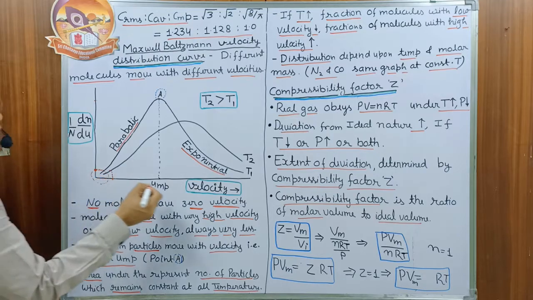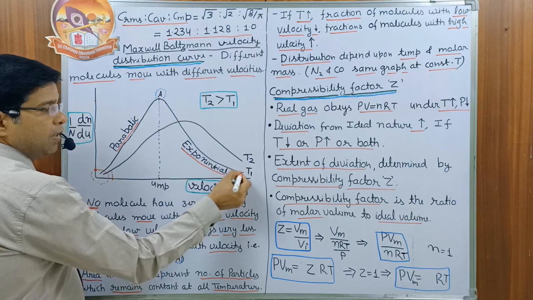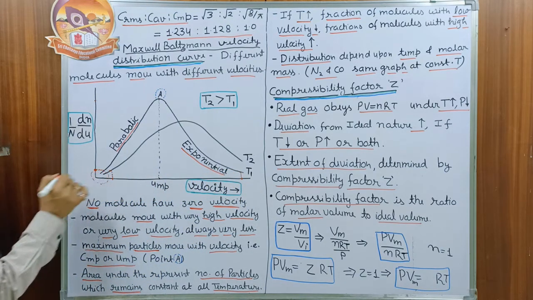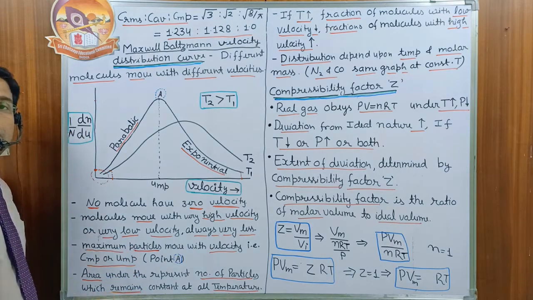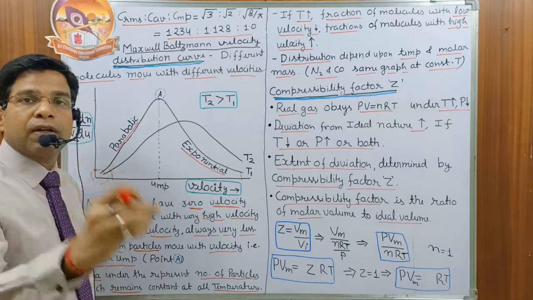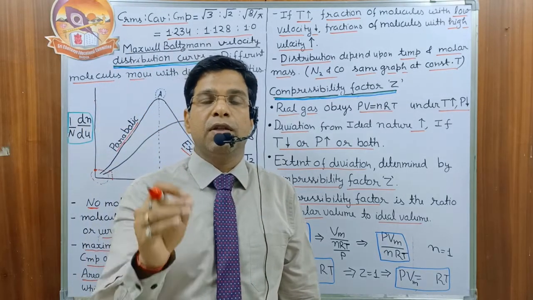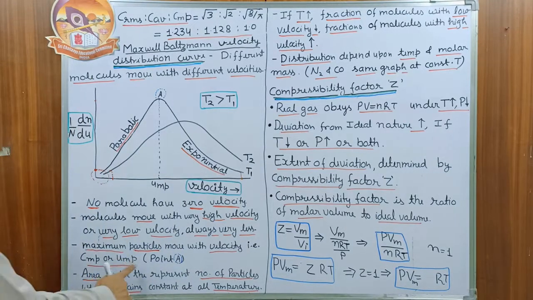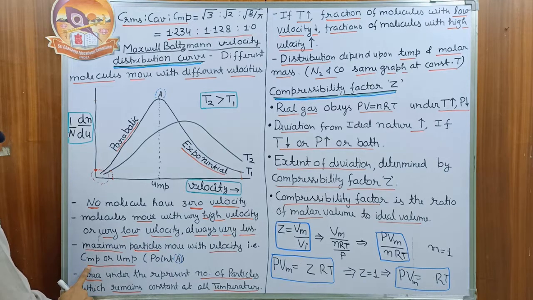Similarly, at this point we have very high velocity, and the fraction of molecules corresponding to this velocity is also very less. We can say the fraction of molecules that move with very high or very low velocity is very small.